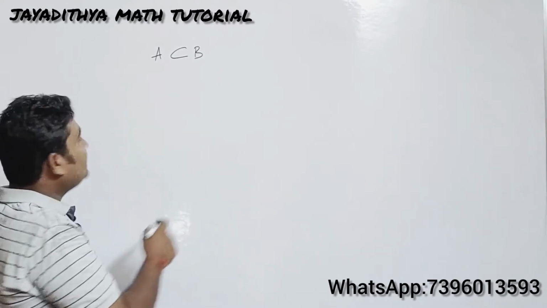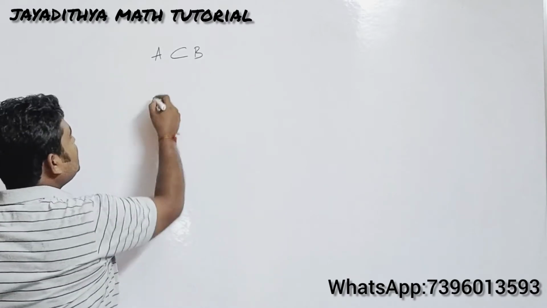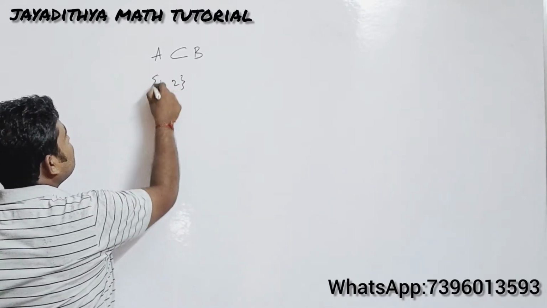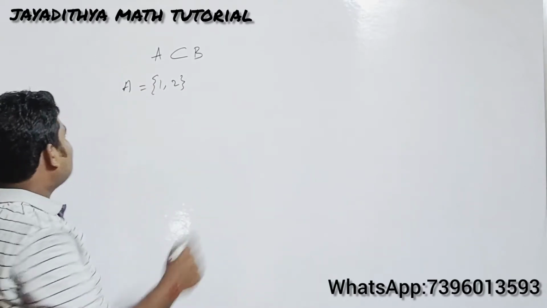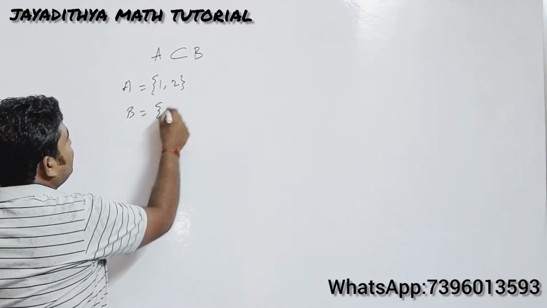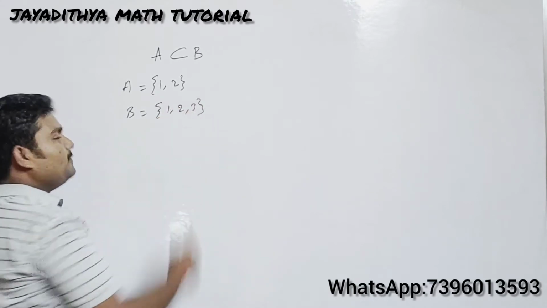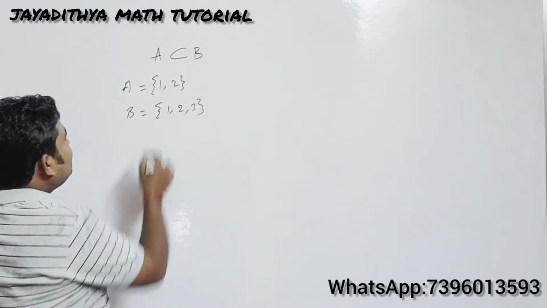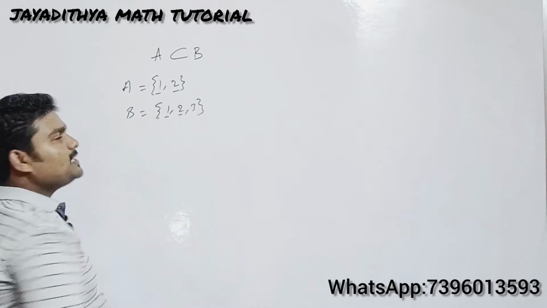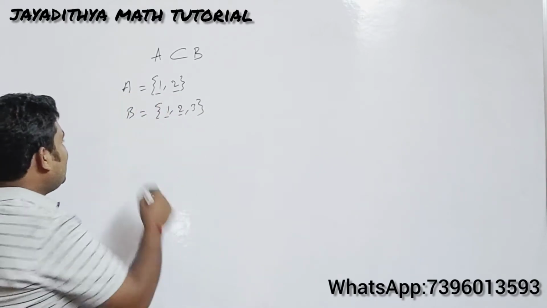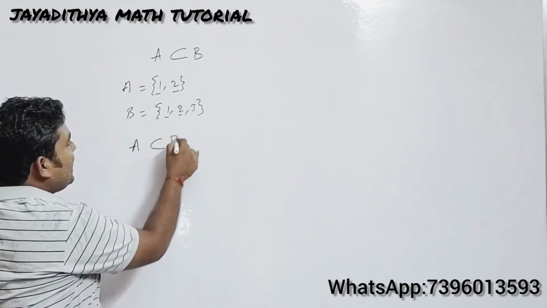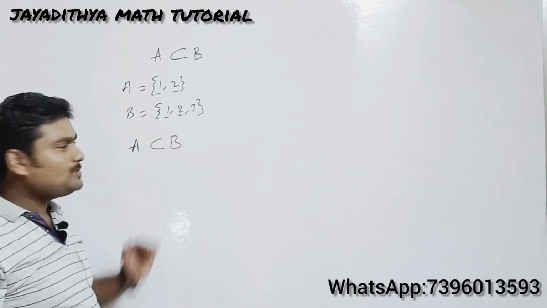When will A be a subset of B? For example, I am taking a set A with elements 1, 2, and in set B I have elements 1, 2, 3. See here, each and every element of set A is present in B, so you can represent it as A subset B.